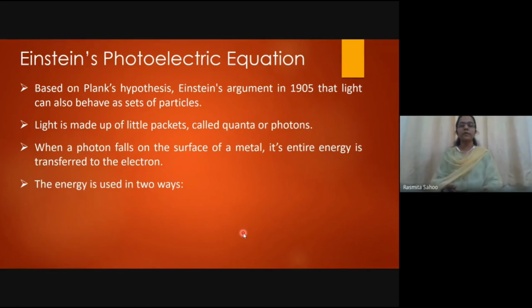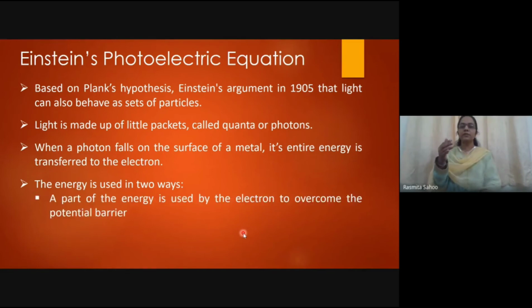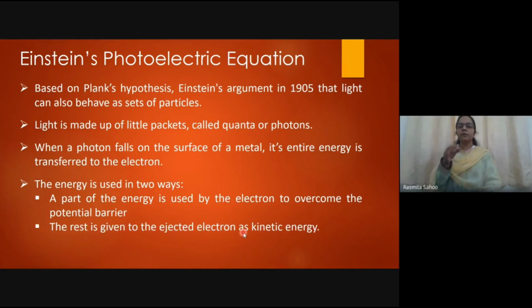The first one: that electron was revolving around the nucleus and is bound to the nucleus by the binding energy. So if one wants to remove it, some energy should be applied to overcome that binding energy. So part of the energy offered by the photon is used by the electron to overcome the potential barrier, and the rest of the energy given by the photon goes to the kinetic energy, because the electron is moving.